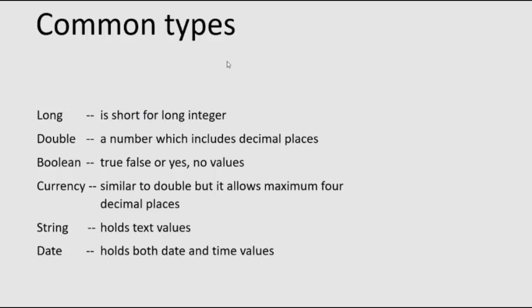Boolean is true, false, yes, no. Currency is similar to double, but only a maximum of 4 decimal places. String is what holds your text, like people's names and addresses. Date holds a date or a time. What we're going to do is start using these, and you can see how they work.